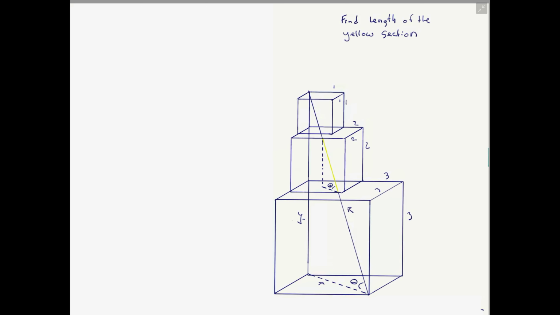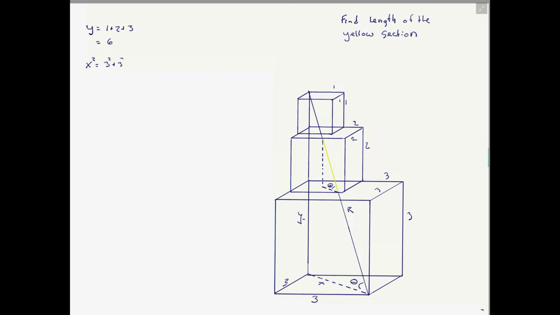And so we have a right triangle that goes from the base of the bottom cube to the corner of the top cube, and the vertical on that, this blue line y right there, and x is this, and we'll call this hypotenuse r, and that hypotenuse includes the yellow segment.